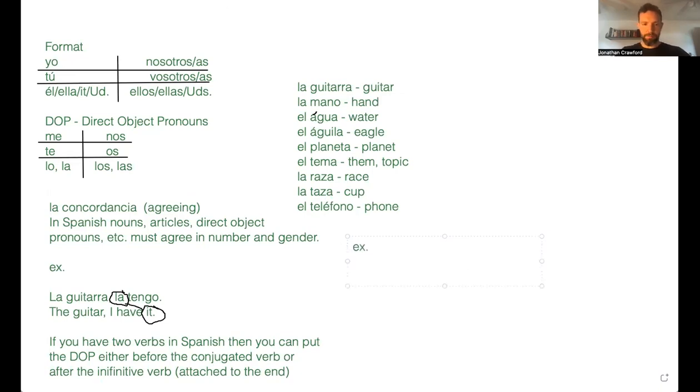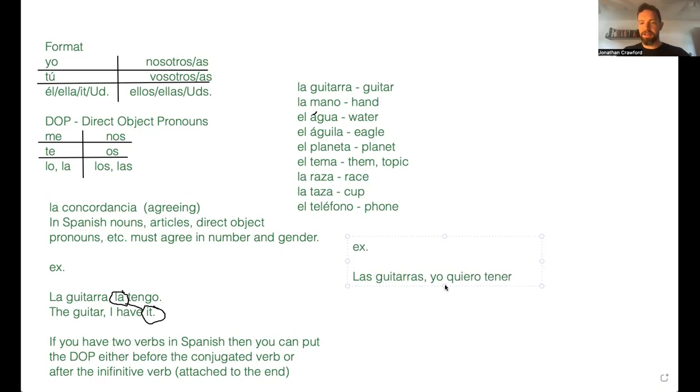You can say, for example, I want to have it, right? So let's go ahead and make it plural. So las guitarras, yo quiero, that means I want, and then tener is to have.